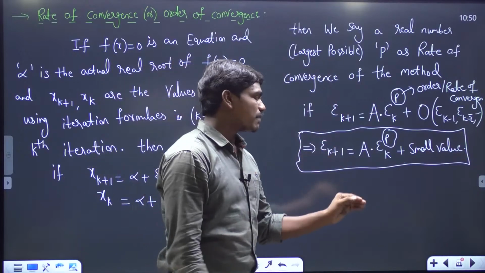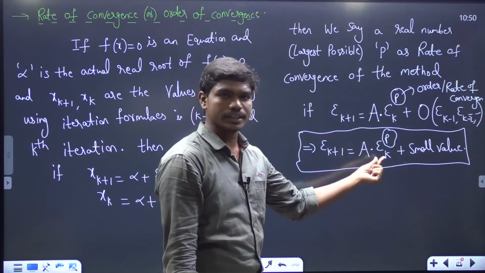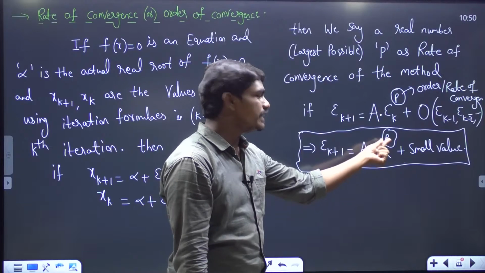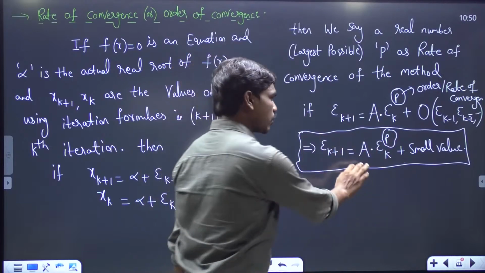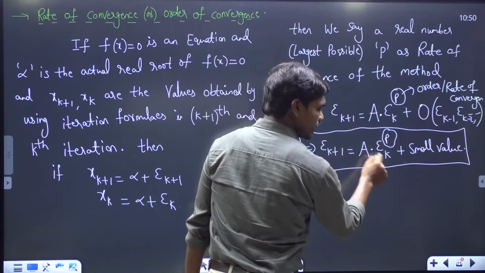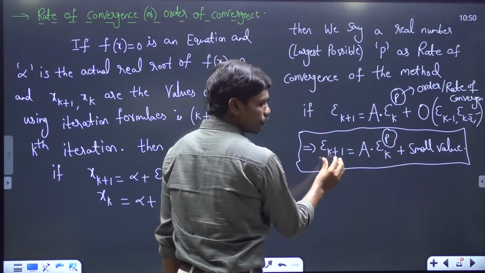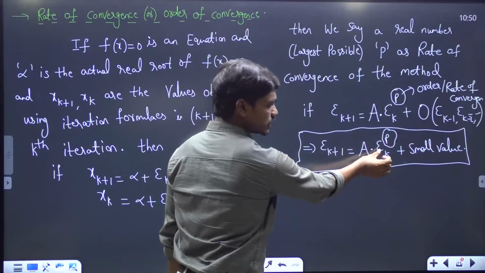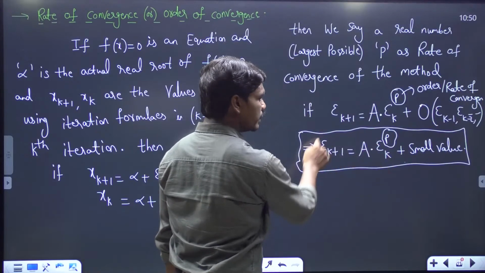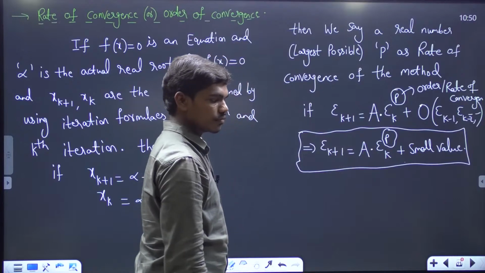Definitely after some finite number of iterations, this value will be very small, which is of course less than 1. Now, if p is more, answer my question very carefully. If a is a constant, e_k is anyhow small, we know this. If p is more, what happens to the value of e_{k+1}? Will it be more or less?